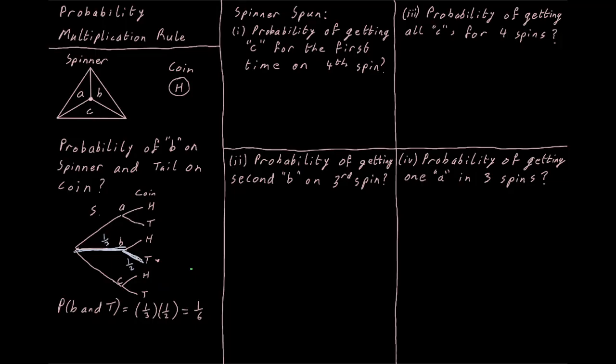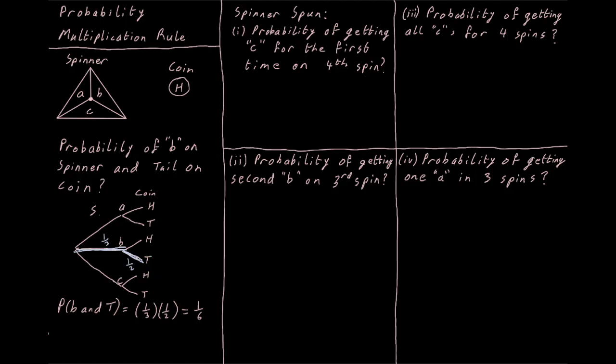So I can see how this argument works: a third of the time I get my B, and then half of that third of the time I'd get a tail on my coin. Now if I think about what these fractions mean, a third of the time, well, that's the probability of getting a B, and a half of the time is the probability of getting a tail.